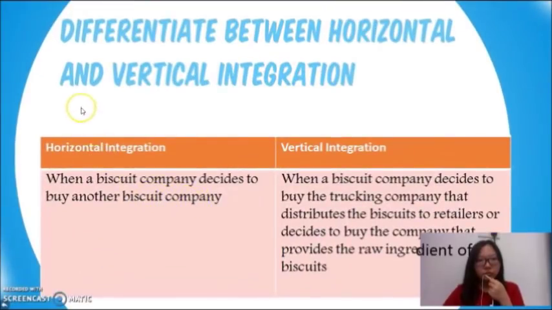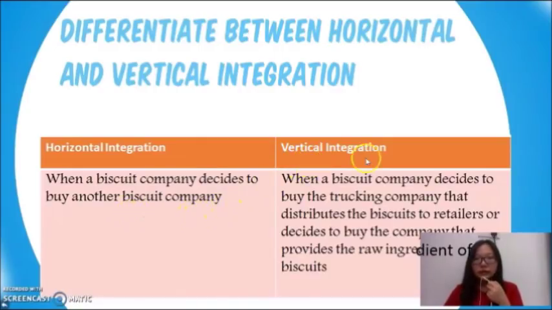And then I will differentiate between horizontal and vertical integration so that you all will understand more. A very simple example for horizontal integration is when a biscuit company decides to buy another biscuit company. This means that the biscuit company buys their competitors directly.